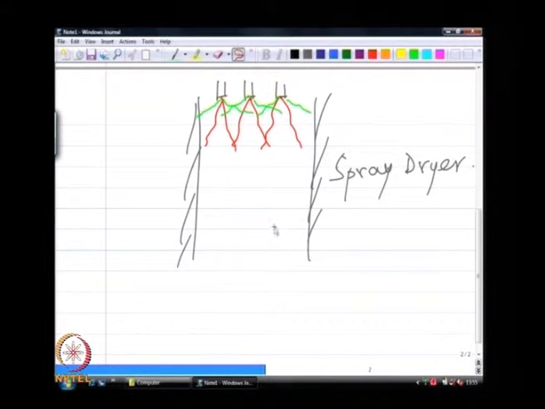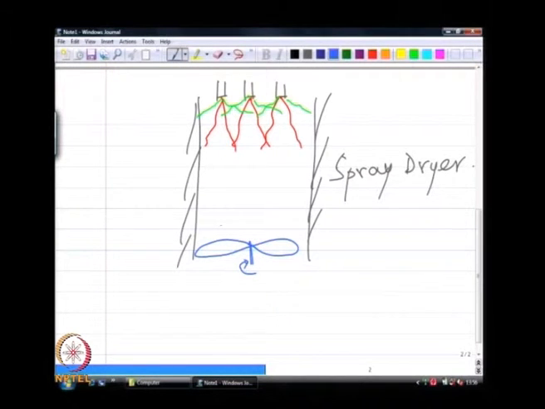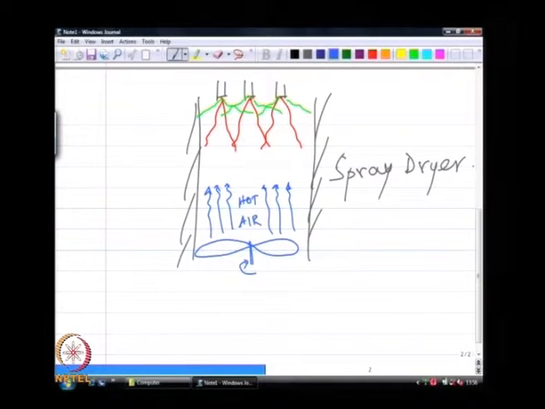So, let us say I have a fan here that is driving an air stream. So, I am putting out hot air here. And this air has to essentially reach out to all the drops.